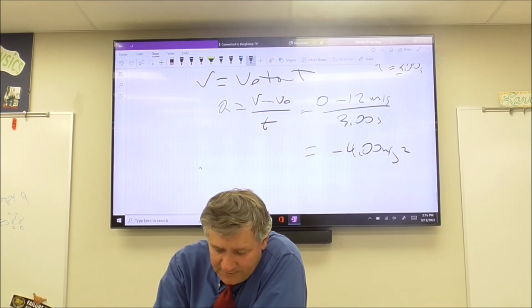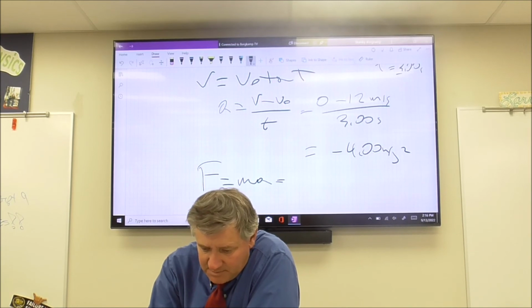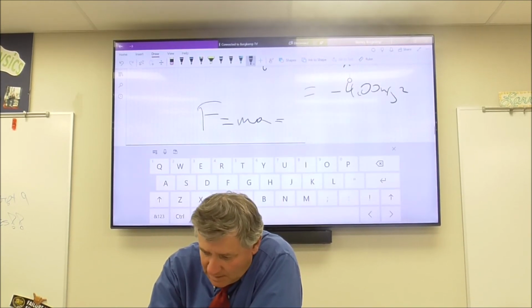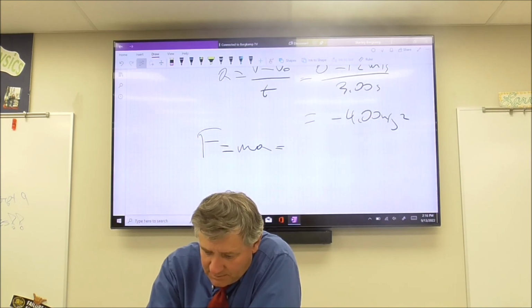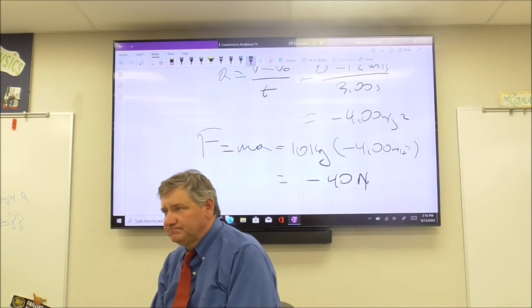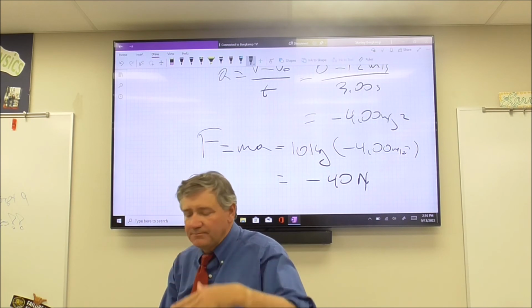So if you like to divide and conquer, find your acceleration. Then you want to find the force. Force equals mass times acceleration. So that's going to be that mass of 10 kilograms times an acceleration of negative 4 meters per second squared. I'm going to get a force of negative 40 newtons. Okay? If you like to work this problem in sequences, that's cool.